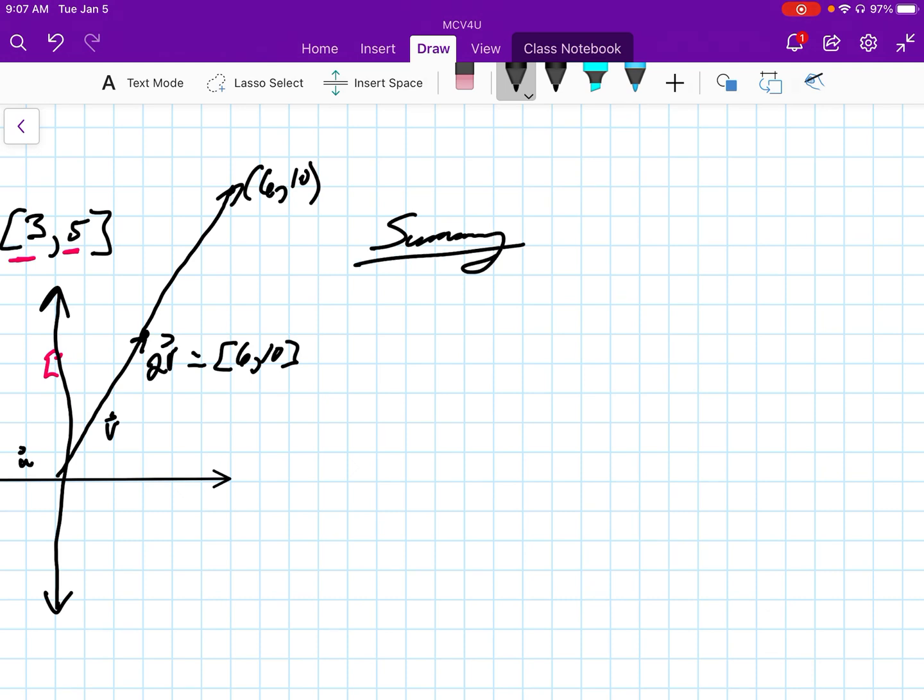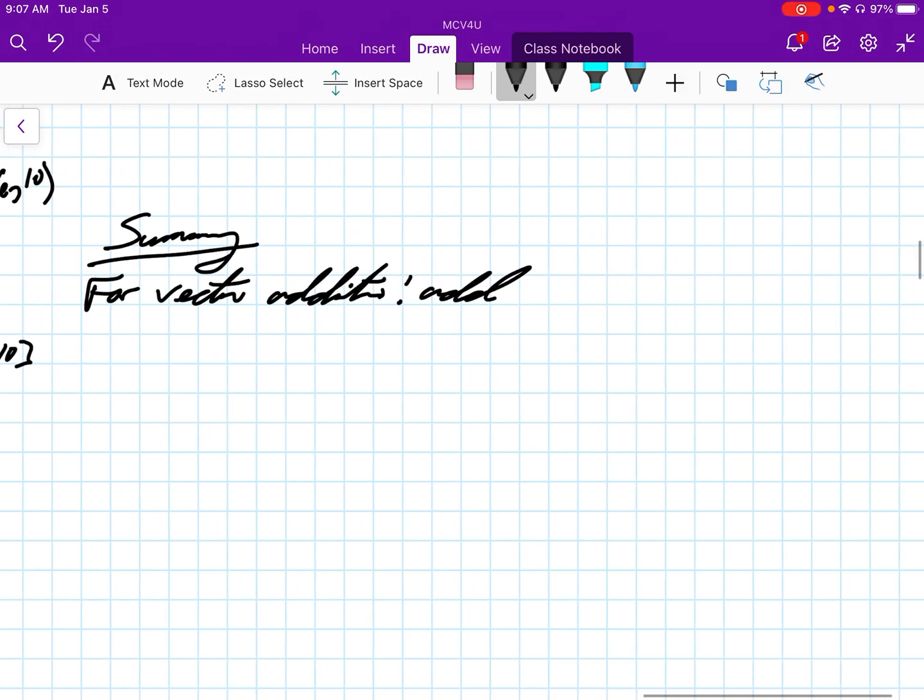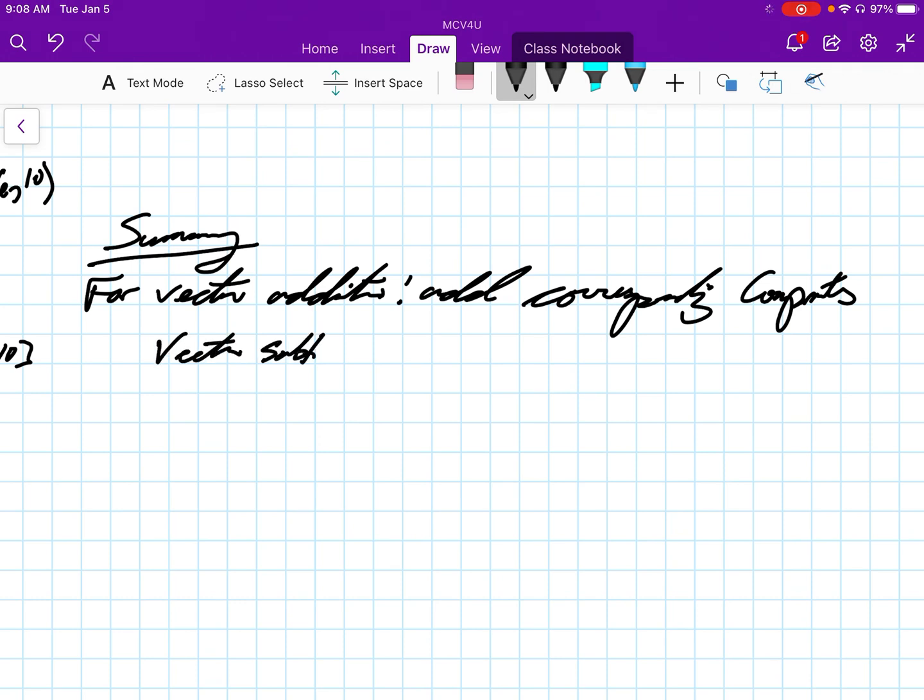Okay. So in summary, for vector addition, we add corresponding components. For vector subtraction, we subtract corresponding components.